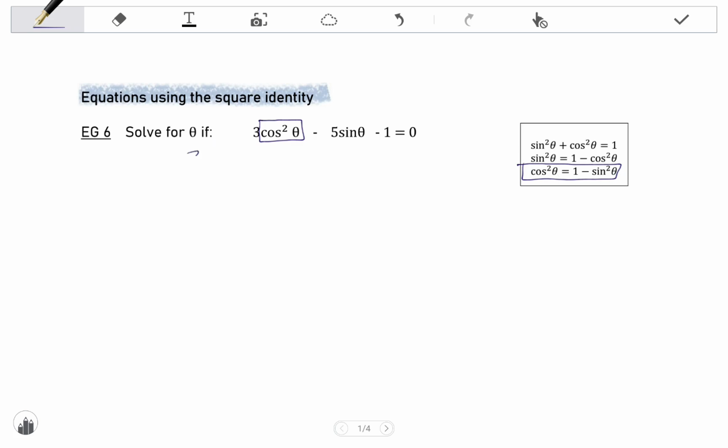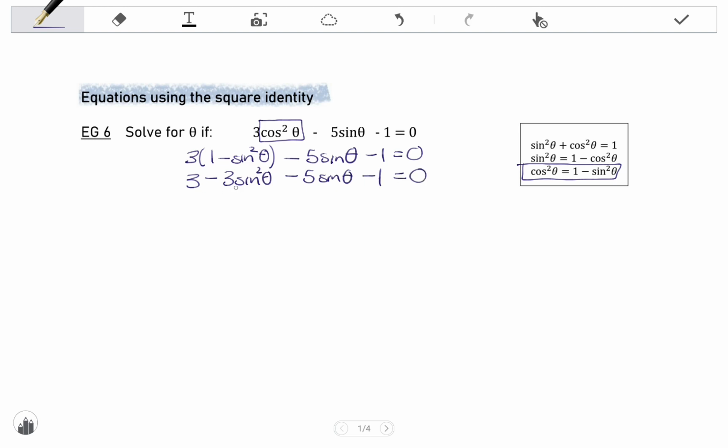That gives me 3 times (1 minus (sin theta)²) minus 5 times sin theta minus 1. I simplify this, so I get rid of brackets. That gives me 3 minus 3 sin²theta minus 5 sin theta minus 1 equals 0.